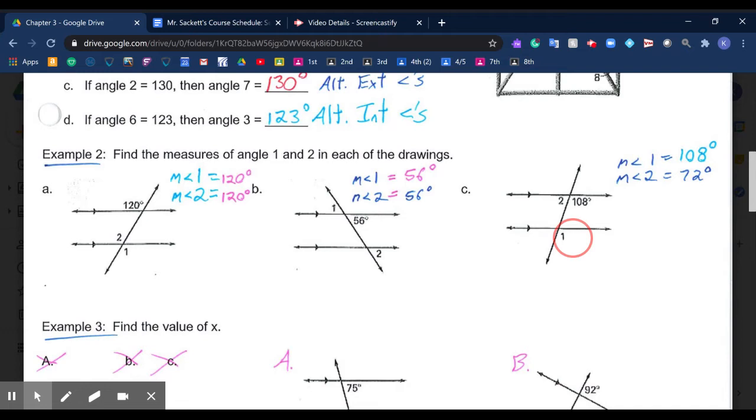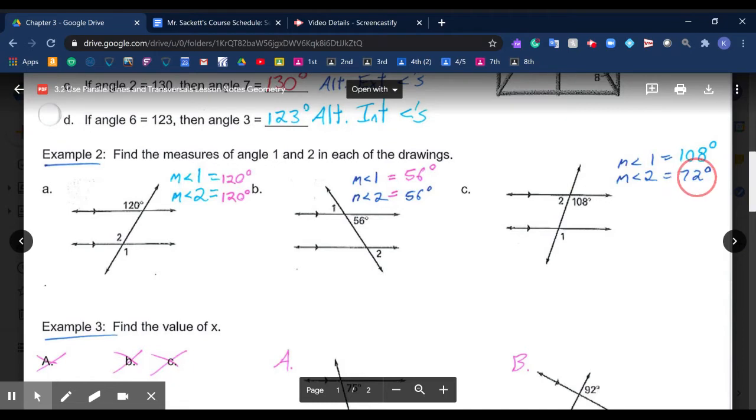Then I know that angle 2 and the 108 degrees make a linear pair. In this case, right there, they make a flat line or 180 degrees. So linear pairs add up to 180. So 180 minus the 108 gave me angle 2, which is 72 degrees.